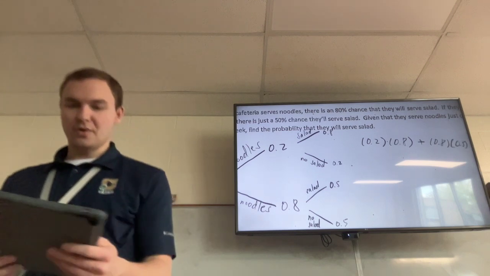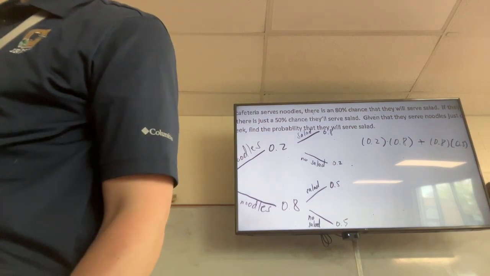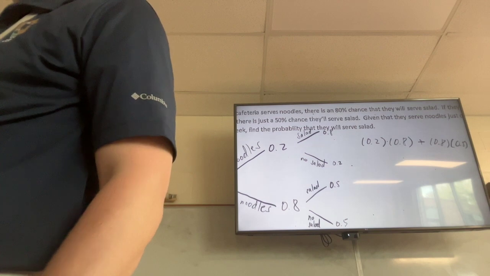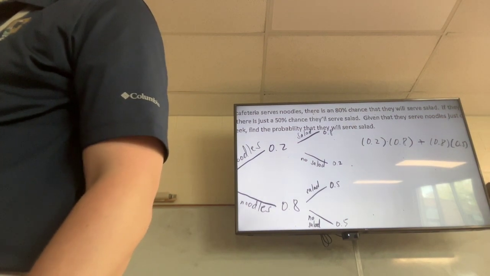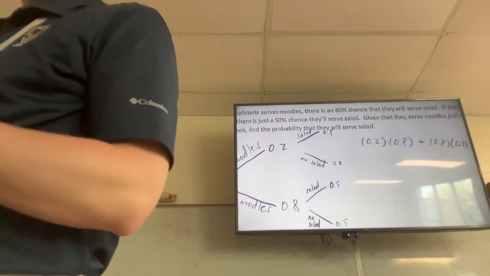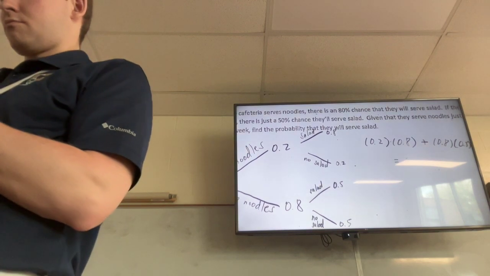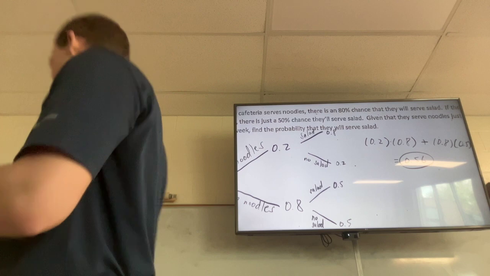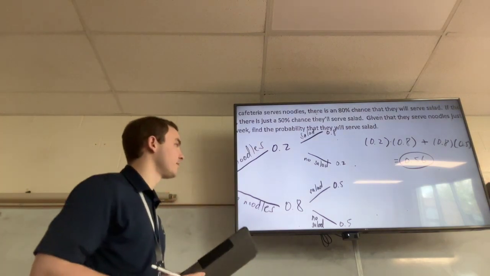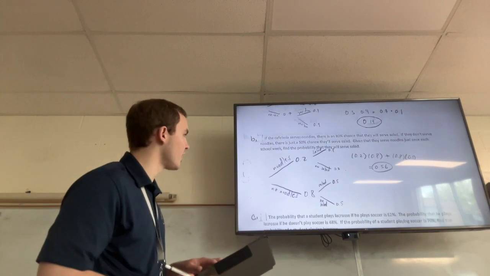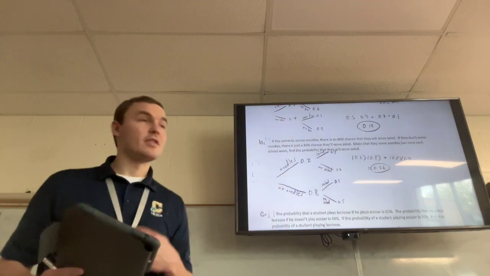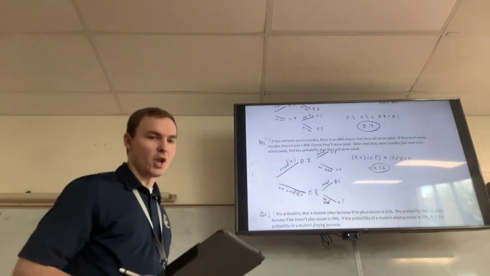What's that? 0.2 times 0.8, plus 0.8 times 0.5. That's 0.56. Good stuff. All right, and there's another one.